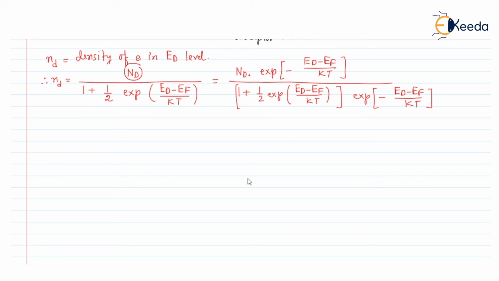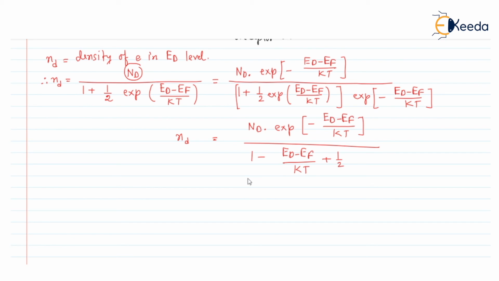So after simplification, we can find the value of small nd as capital Nd into exponential minus Ed minus Ef divided by kT, over 1 plus half exponential minus Ed minus Ef divided by kT after simplification.